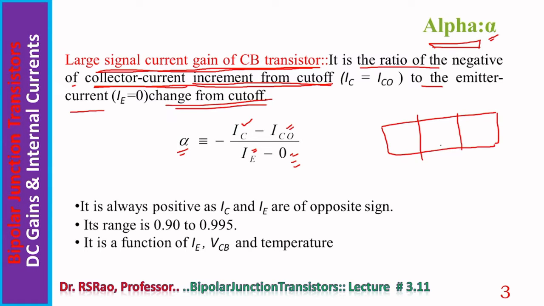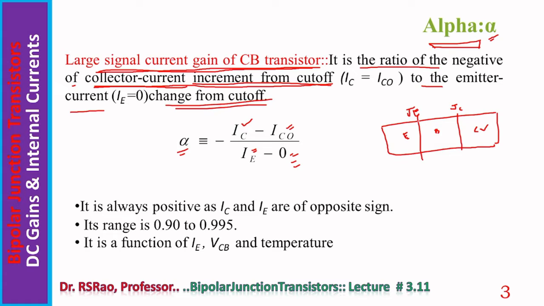A BJT is associated with two junctions, the emitter junction and the collector junction. The emitter junction exists between emitter and base. The collector junction exists between collector and base. Emitter is heavily doped, whereas collector is moderately doped.